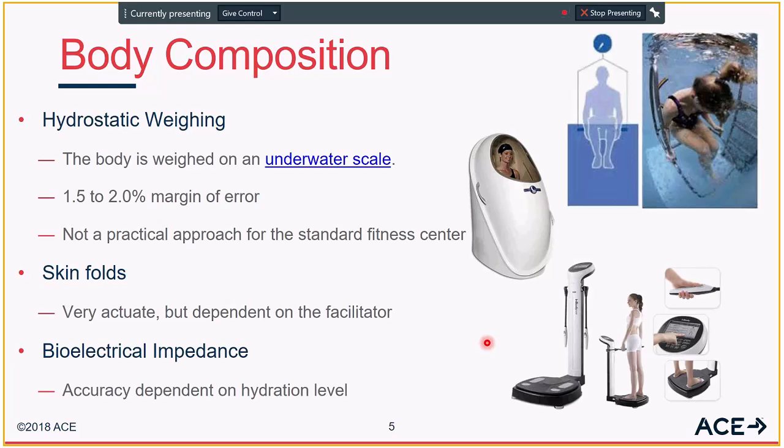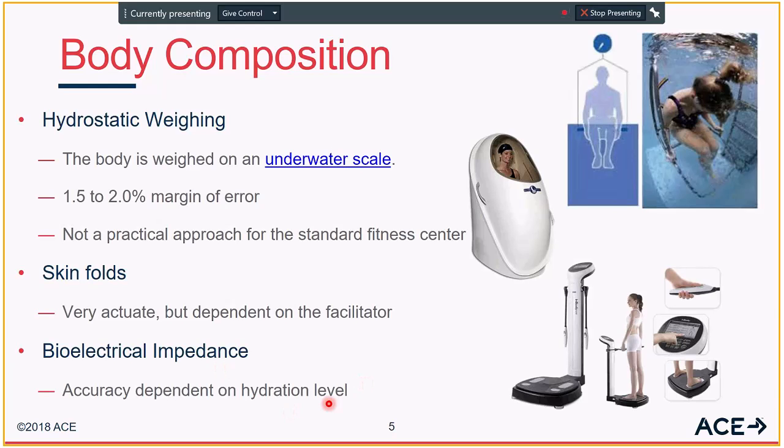So the laser will go a lot faster through your muscle because there's a lot more water in your muscle compared to your fat. Based on the speed of that laser moving through your body, it usually takes a minute or two to get a reading that will determine your body fat percentage. That's also very accurate as long as you're normally hydrated.